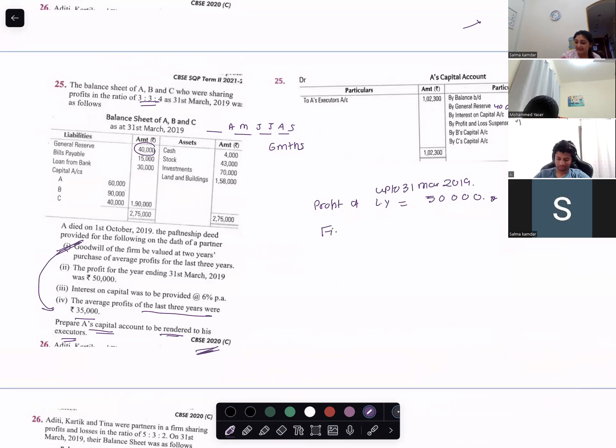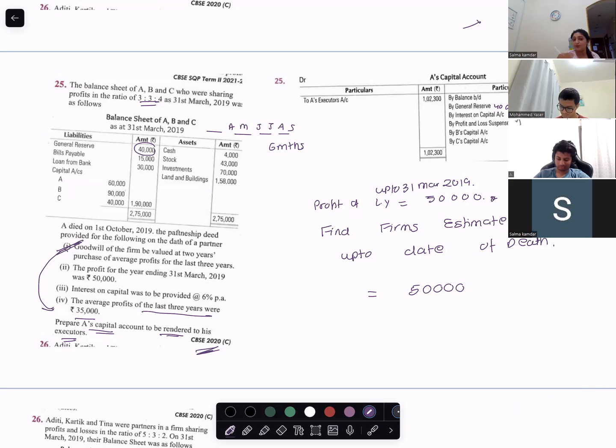We will find the firm's estimated profit up to date of death. Profit of the last year is 50,000. That means 50,000 is the profit that the firm had earned in 12 months.